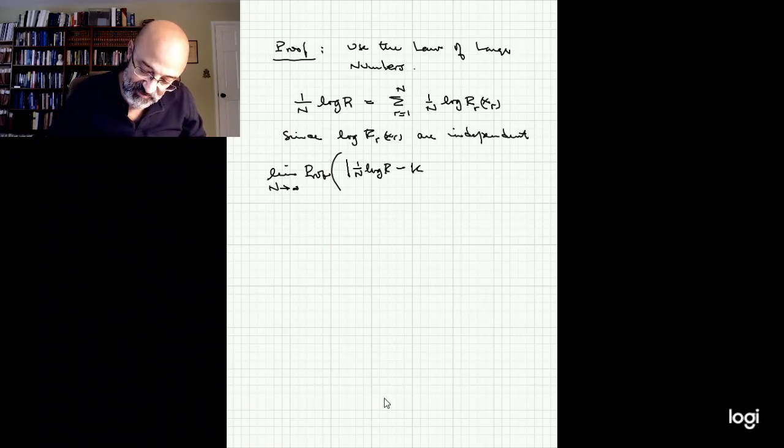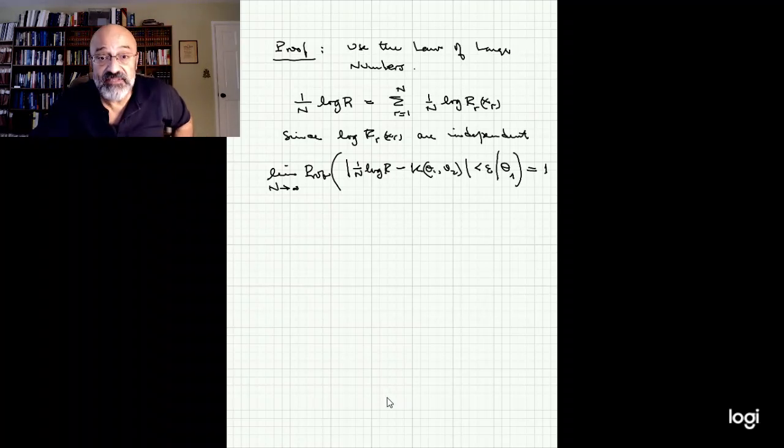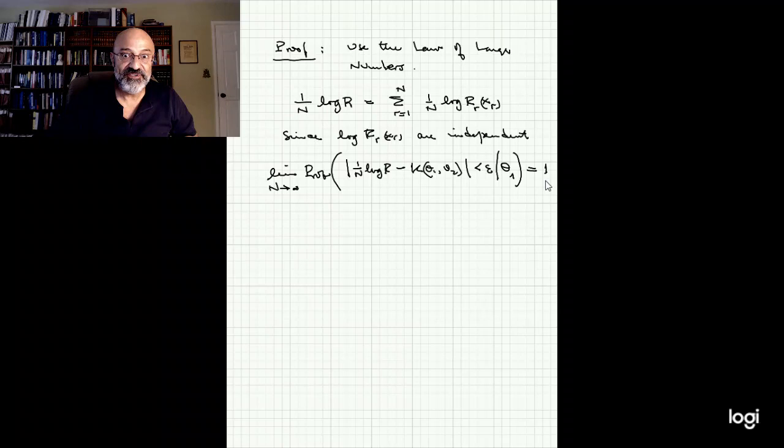I'm going to write the average as a capital K. Differs from the average by less than a small amount, given theta 1 is equal to 1. So the difference of this quantity from K is going to be less than an epsilon. For any small epsilon, that goes to 1. So that's what it means to say that it converges in probability.